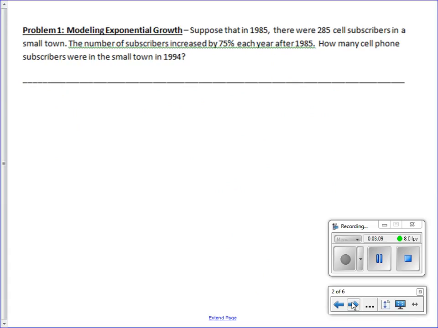All right, well, taking a look at our equation, y is equal to a times b raised to the power of x. A is our initial amount, and our initial amount of subscribers is 285.